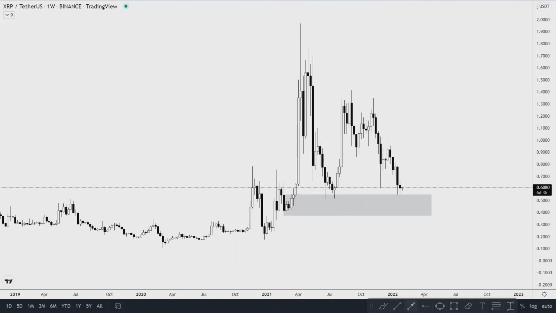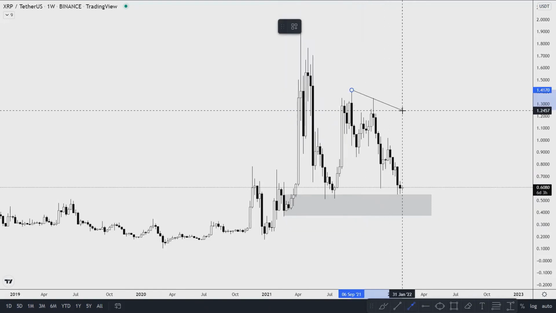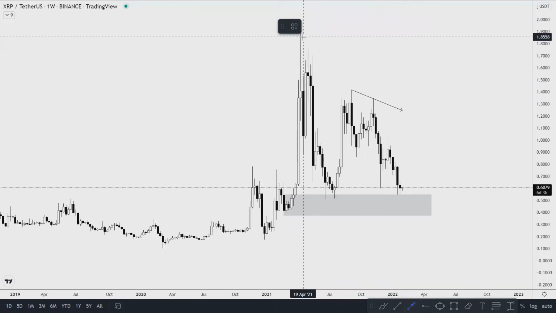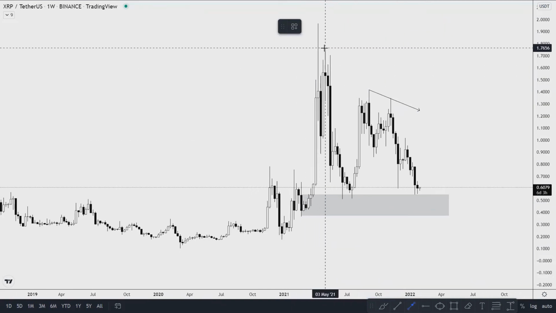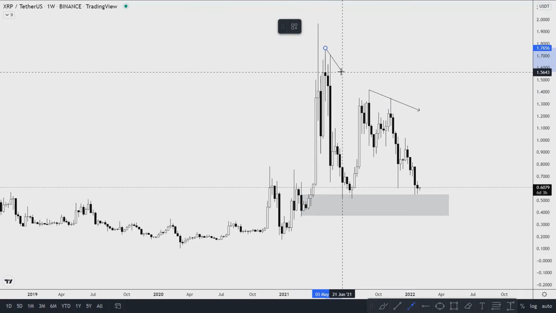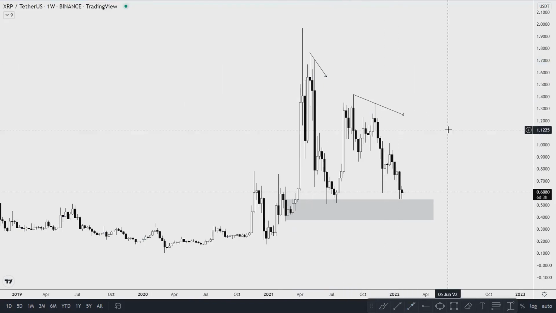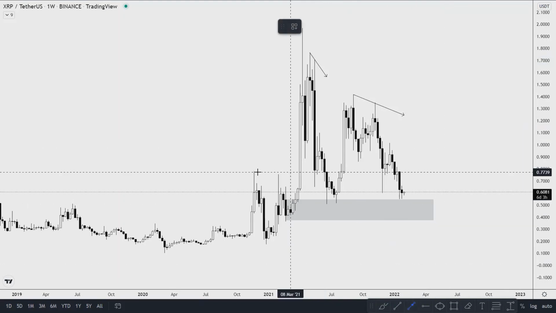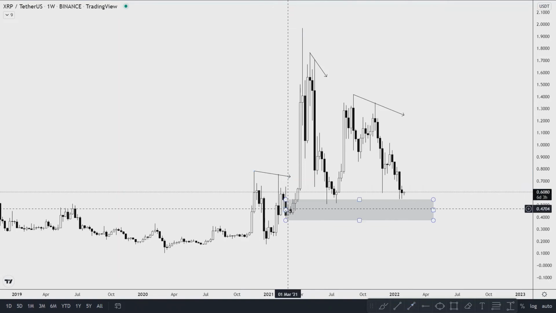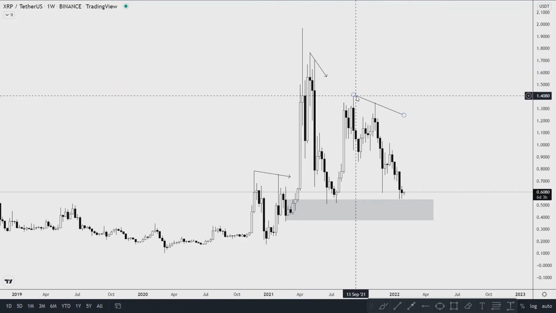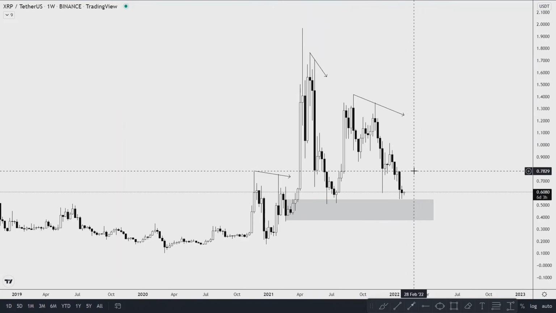But I can see we have this going on. Even this looks very trend liney. So we had that here, and that was taken out. So I'm expecting these ones to be taken out as well.